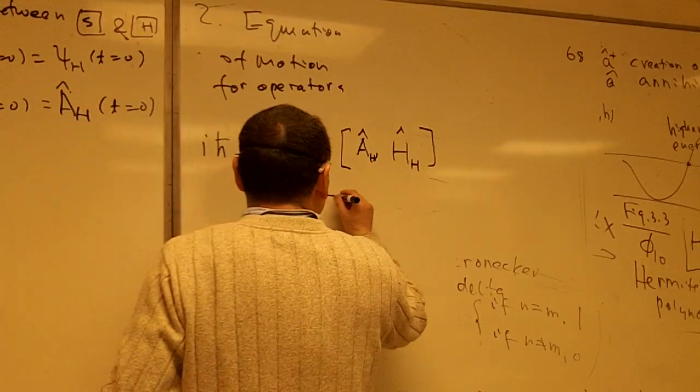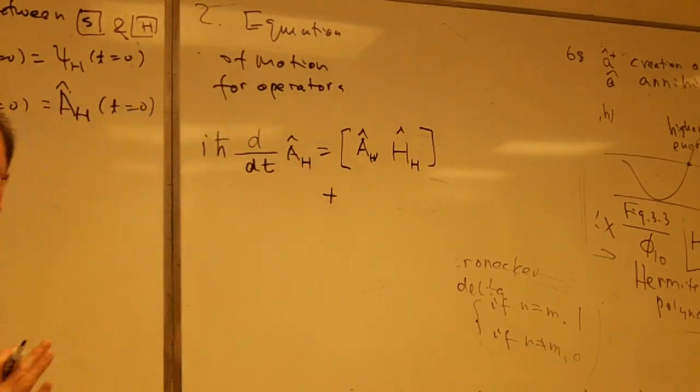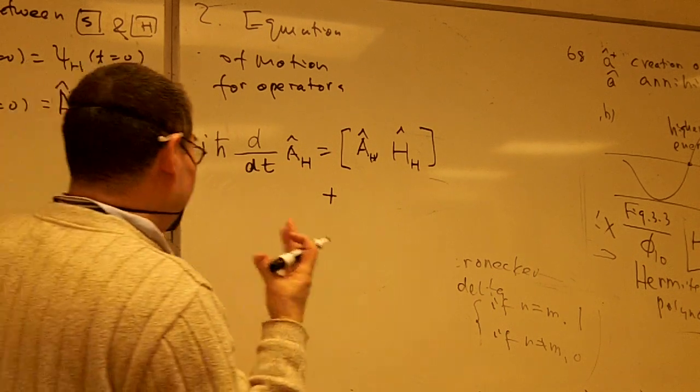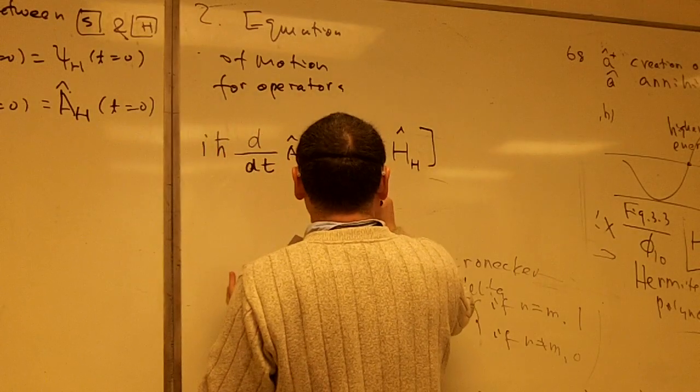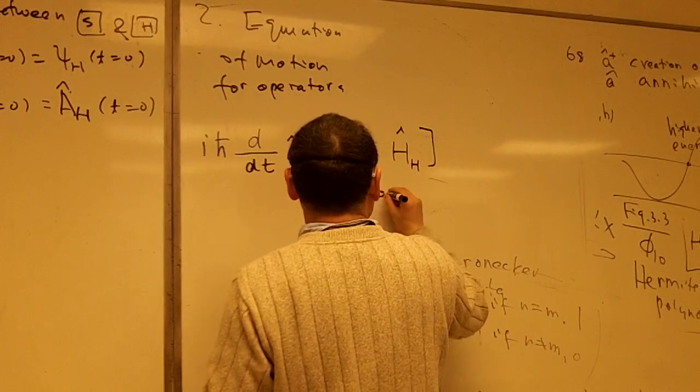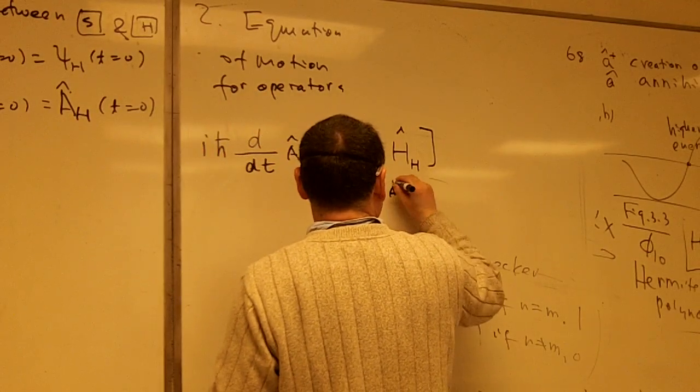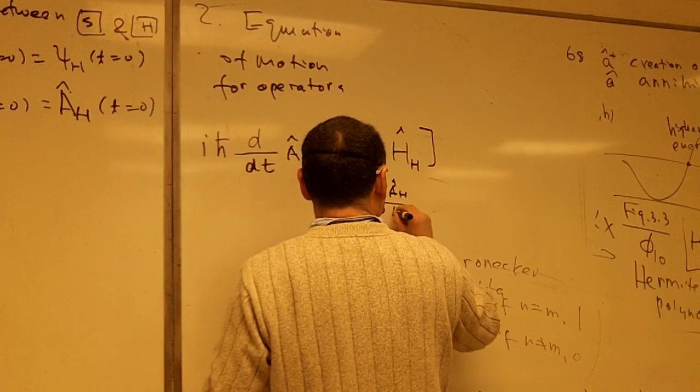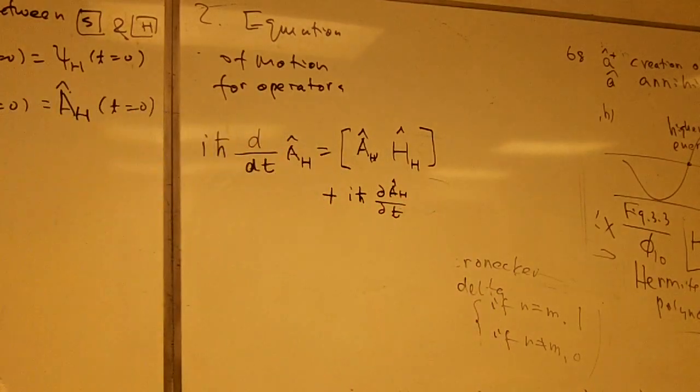And if for some reason the operator itself, the starting operator itself, has an explicit dependence on time, then you have another partial derivative of A_H like this that comes out. I will explain each part of this clearly to you, what this part means.